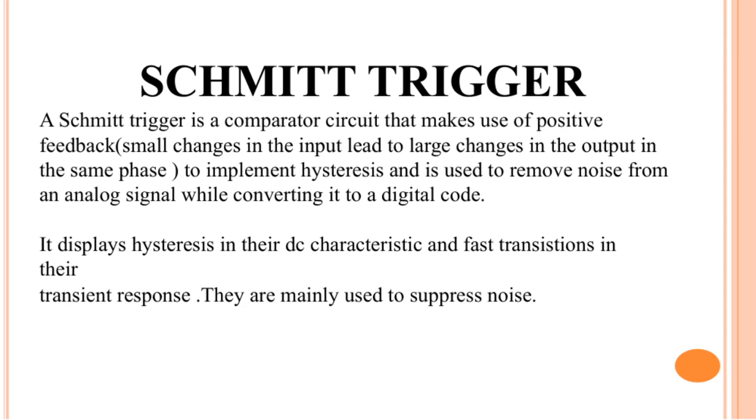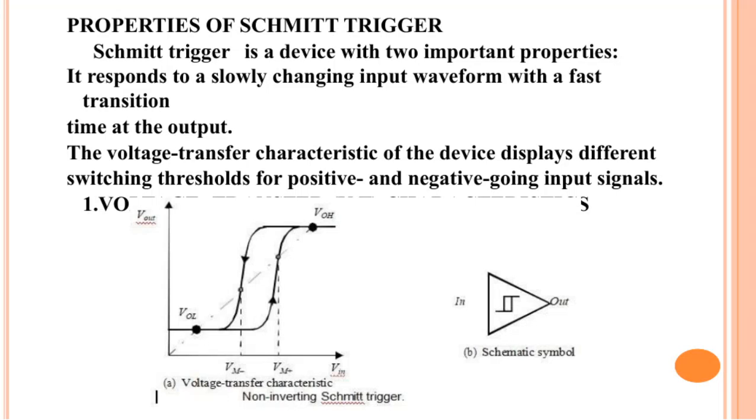The Schmitt trigger has two key properties that make it very useful in signal processing. First, it can take a slowly changing input signal and produce a rapid, clean transition at the output. This means it effectively sharpens or cleans up noisy or slow signals.